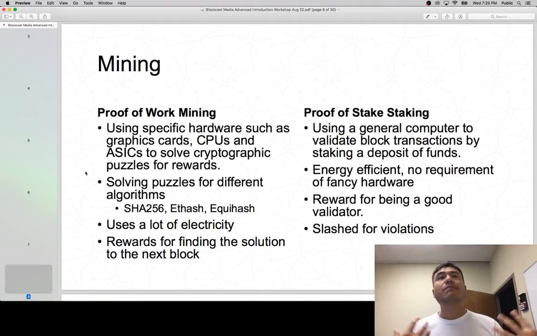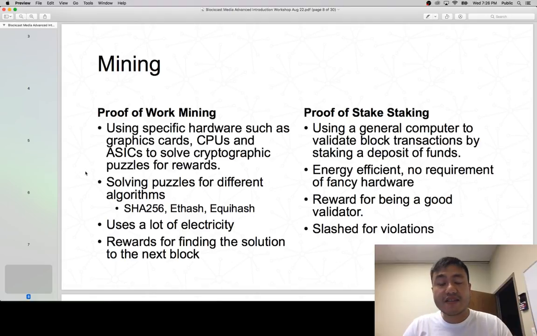But now, because so many people are contributing to this network to try to find the next block, it's become almost impossible for people to make money off of video card mining, because the likelihood of you being able to find the block with just a video card is so minuscule now that it's not worth it to put your video card up to try to make some money off of Bitcoin.